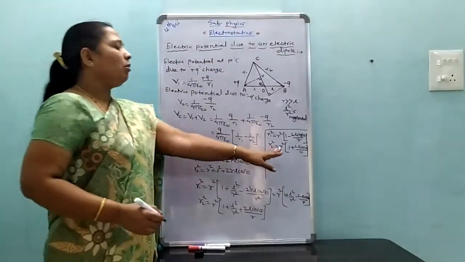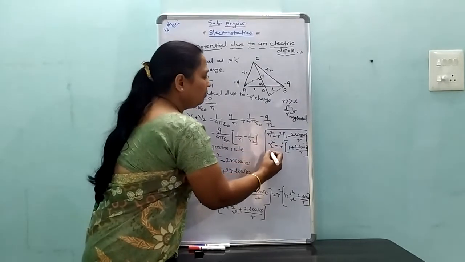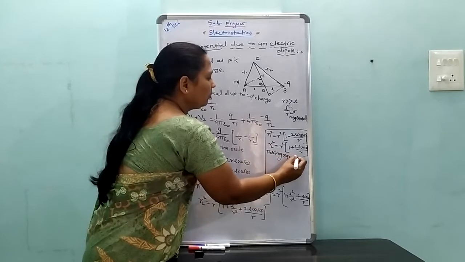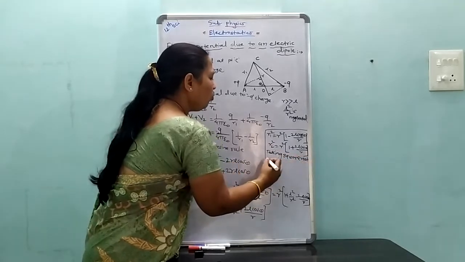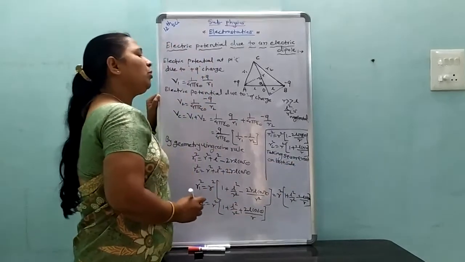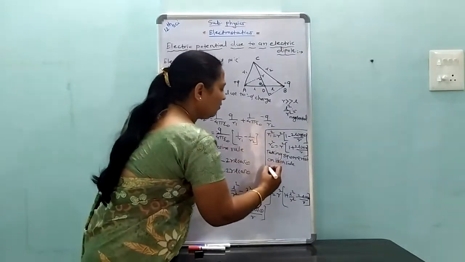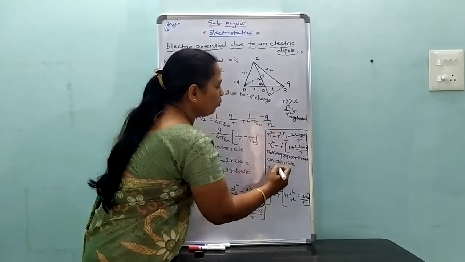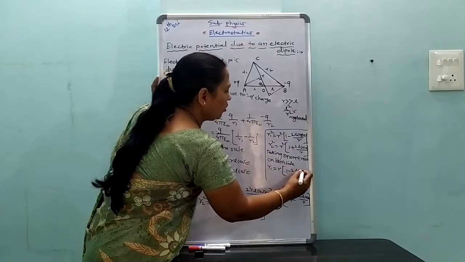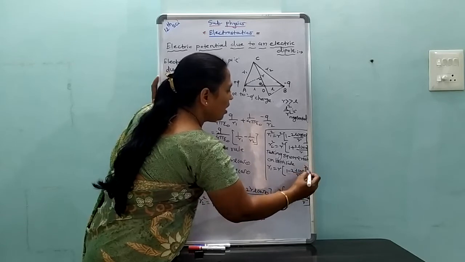Those values can be obtained. Hence, taking square root on both sides, by using an exponential theorem, R1 is equal to R in bracket 1 minus 2L cos theta upon R, bracket raised to half.